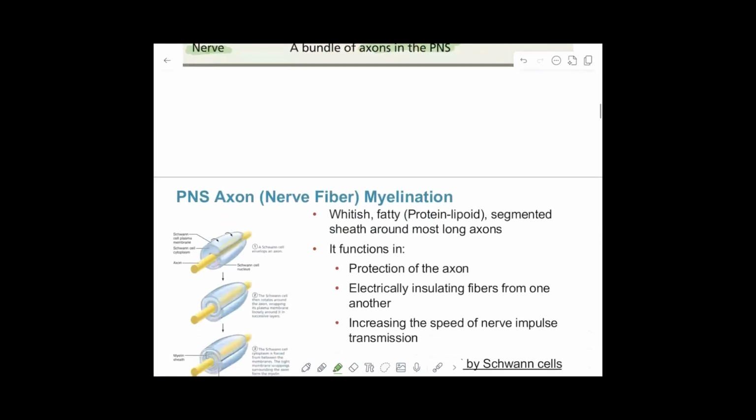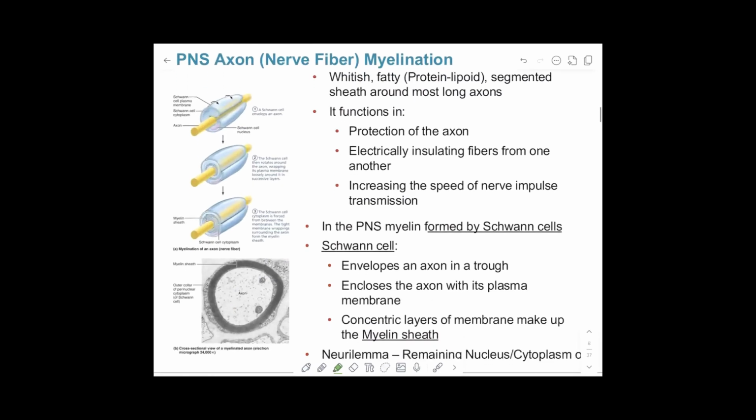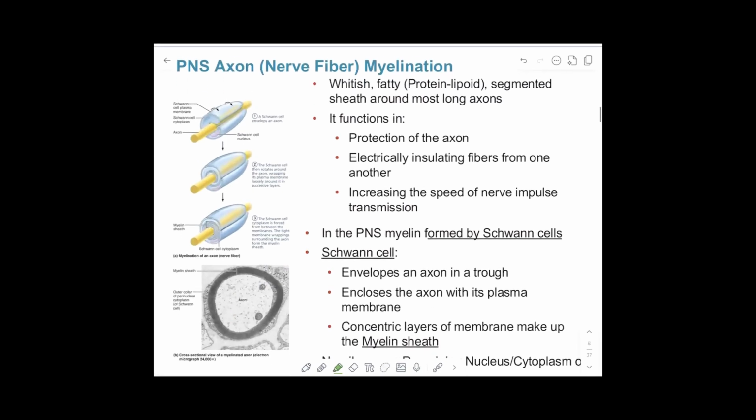When we look at an axon specifically, these nerve fibers, there's a lot of important information about them. Because of this myelin sheath wrapping around the axon, we see the Schwann cell plasma membrane right here. The Schwann cell envelops the axon, rotating around it, wrapping around it. The Schwann cell cytoplasm is forced between the membranes to surround the axon and form this myelin sheath.